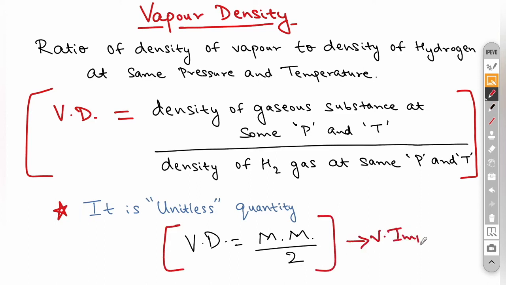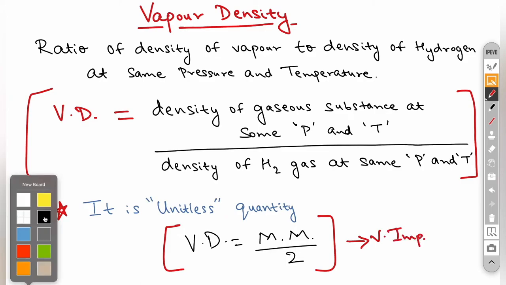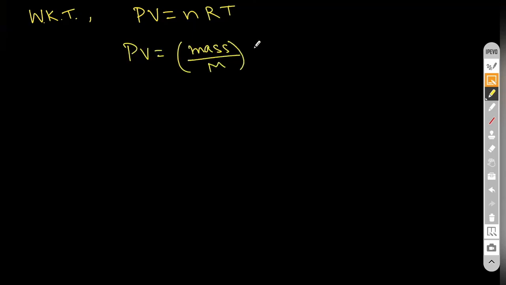Now we will see the proof of this formula. We know that by ideal gas equation, PV is equal to nRT. PV is equal to moles, which is given mass divided by molar mass, into RT. Capital M here is the molar mass of substance.